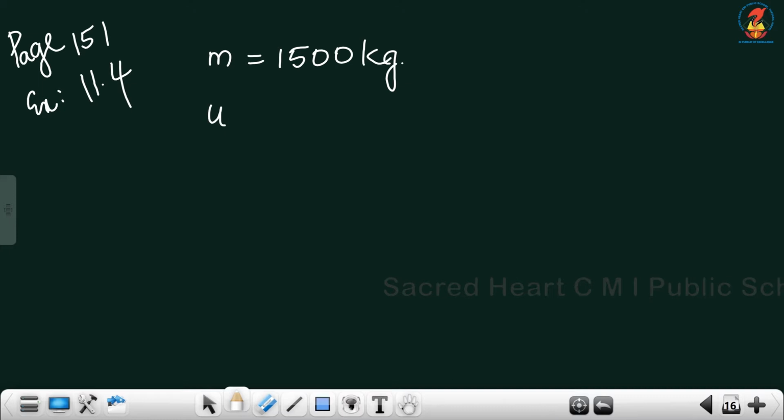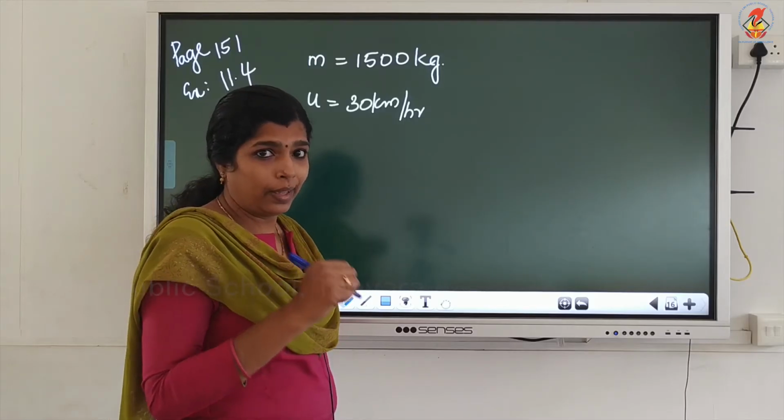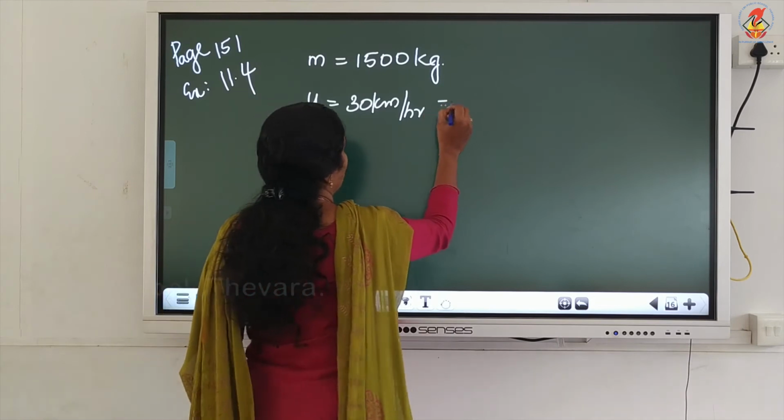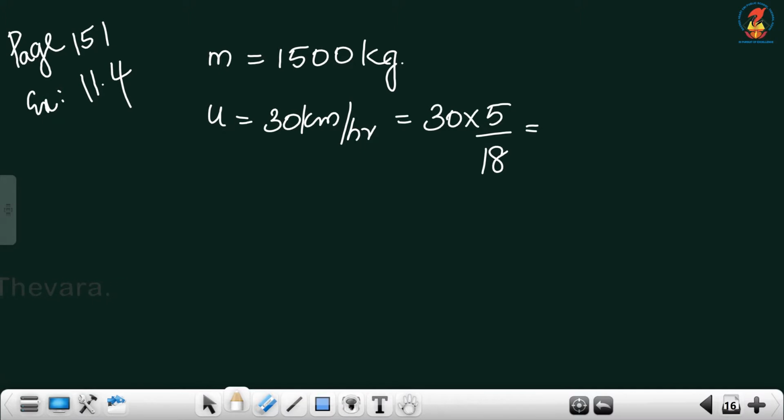So, u equal to 30 km per hour. So, we need to convert this one into meter per second. How will you convert it? Multiply by 5 by 18. So, that is equal to 30 into 5 by 18. You will get the answer 25 by 3 meter per second.